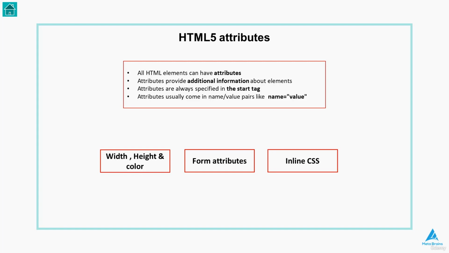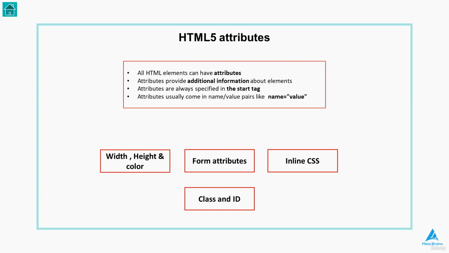Next, we have inline CSS. Inline CSS is also used as an HTML5 attribute. Don't worry if this sounds new or complex to you. The more you practice coding with HTML and CSS, the more familiar you will become with the different concepts that we're talking about. Okay, next you have the ID and the class attributes. ID and class are both HTML attributes.